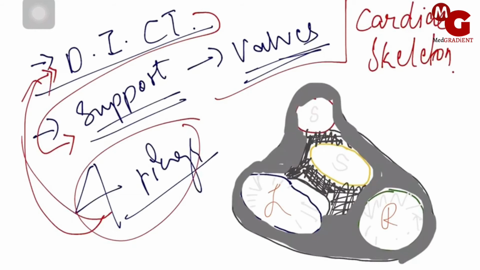Now let's learn a bit more. The thing here in green is the right fibrous ring, and remember, it supports the tricuspid valve.